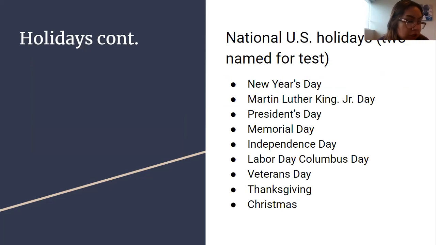So the next question, and this is question 100, is: name 2 U.S. holidays. So these are nationally known U.S. holidays, which include New Year's Day, Martin Luther King Jr. Day, President's Day, Memorial Day, Independence Day, Labor Day, Columbus Day, Veterans Day, Thanksgiving, and Christmas.